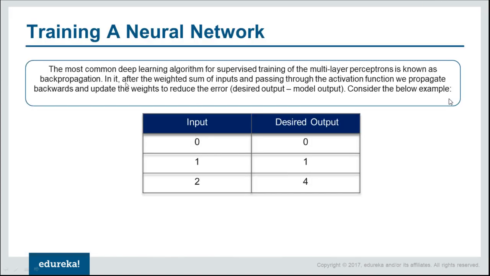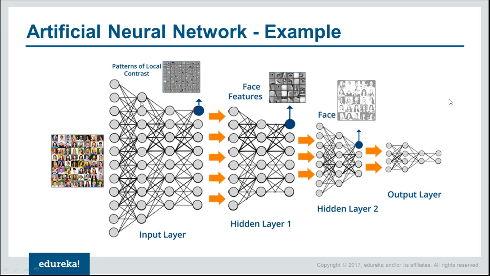Okay, so the most common deep learning algorithm for supervised training of the multi-layer network is backpropagation. Backpropagation is one of the training algorithms which is used to find out the correct weights, right? So we discussed that these have weights coming from here to here, here to here.